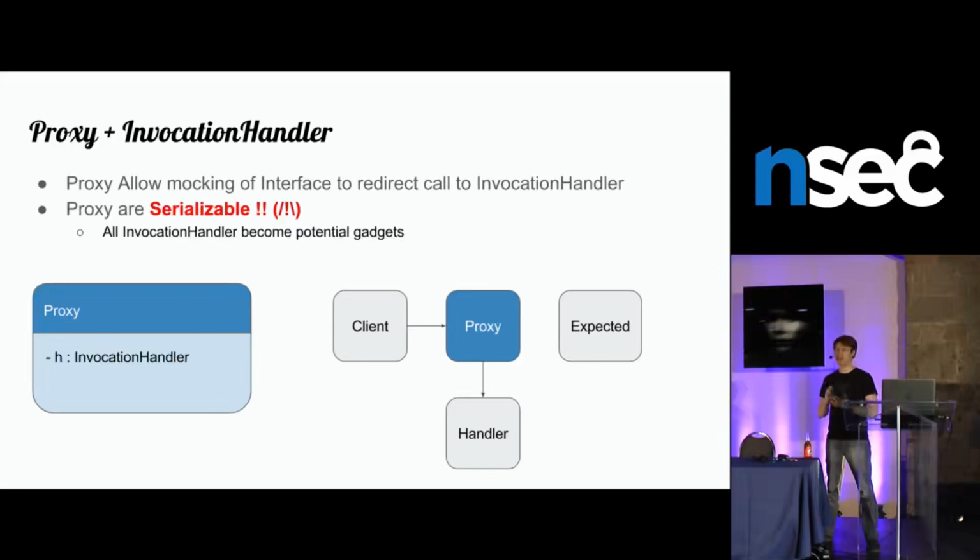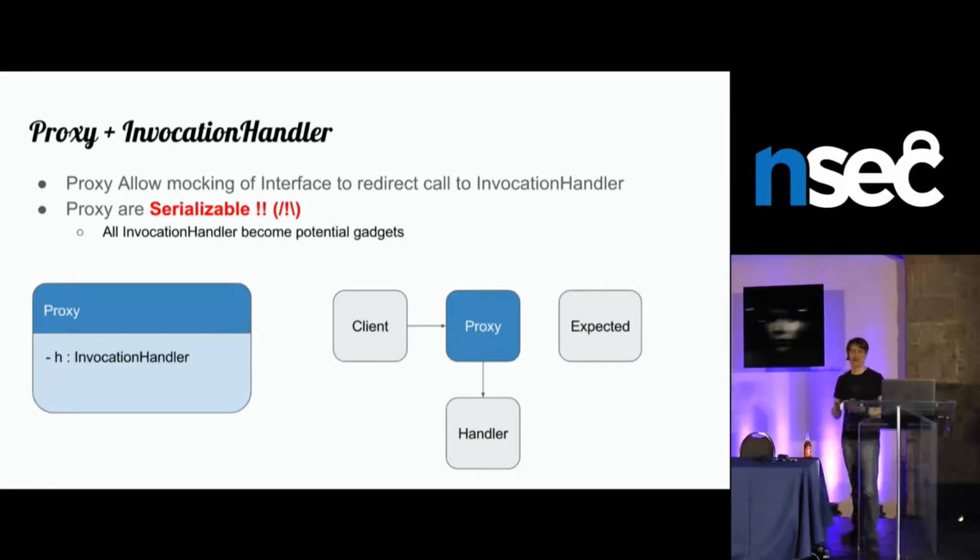The way it works is like in ECMAScript. If you want to do mocking on an object, instead of calling the class Test, you could mock a class that will implement Test, but instead all the calls will be redirected to a proxy, or rather to an invocation handler.